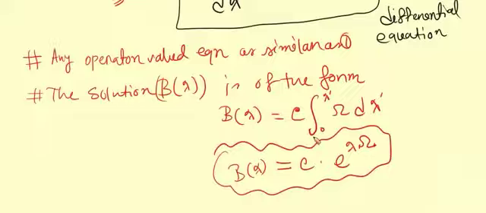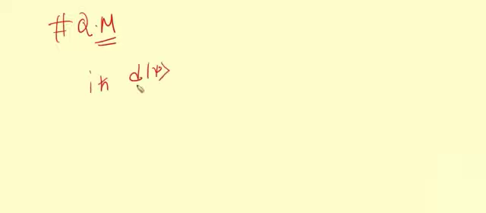And before I finish off, let me try to show you why these kinds of discussions are important. Because in quantum mechanics, we have the Schrodinger equation, i h-bar d psi dt equals the Hamiltonian acting on psi.